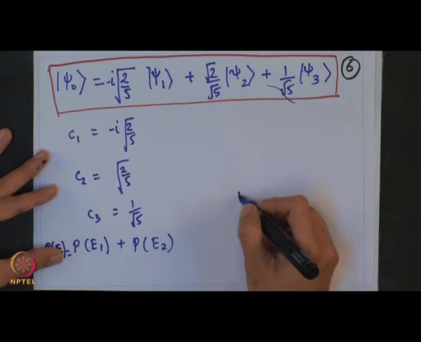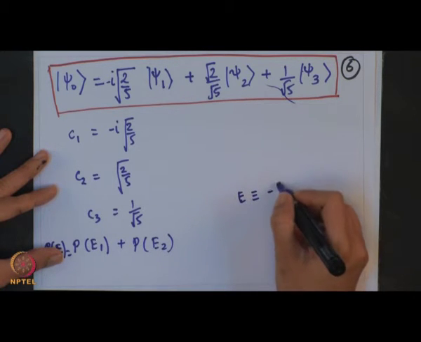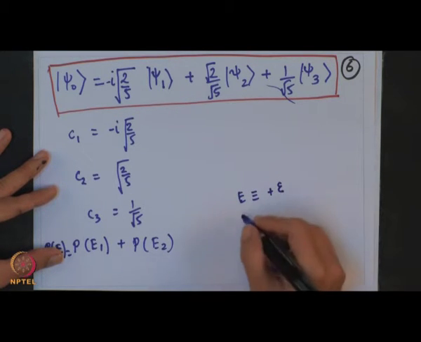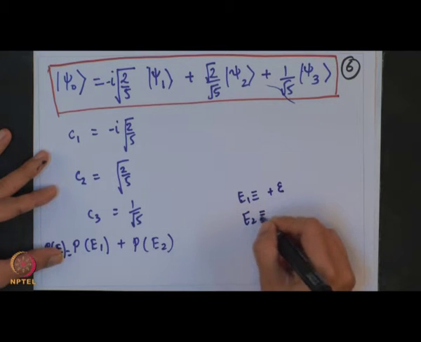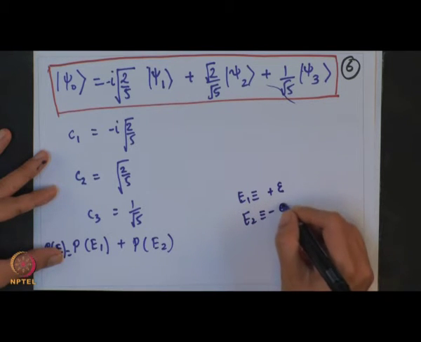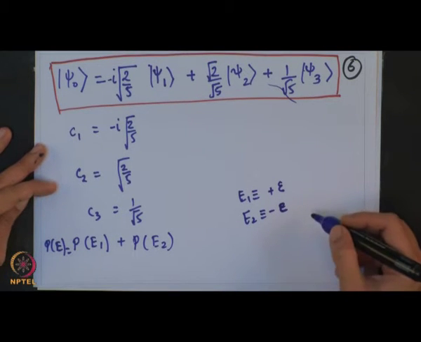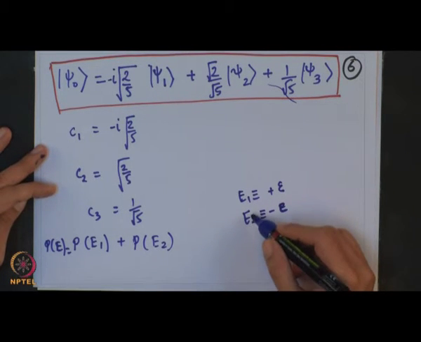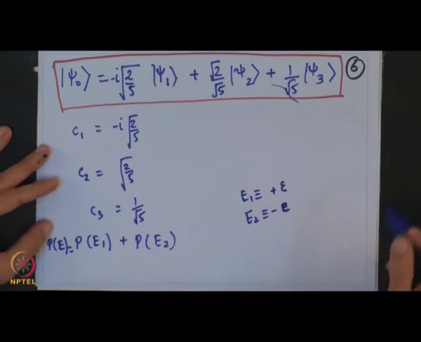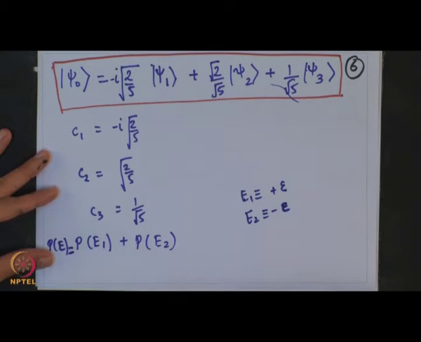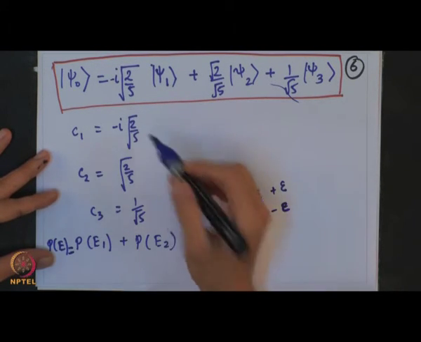E1 corresponds to eigenvalue plus epsilon, E2 corresponds to finding the particle with energy minus epsilon. So, we have a degenerate state for E2. So, this would be simply the square of this.